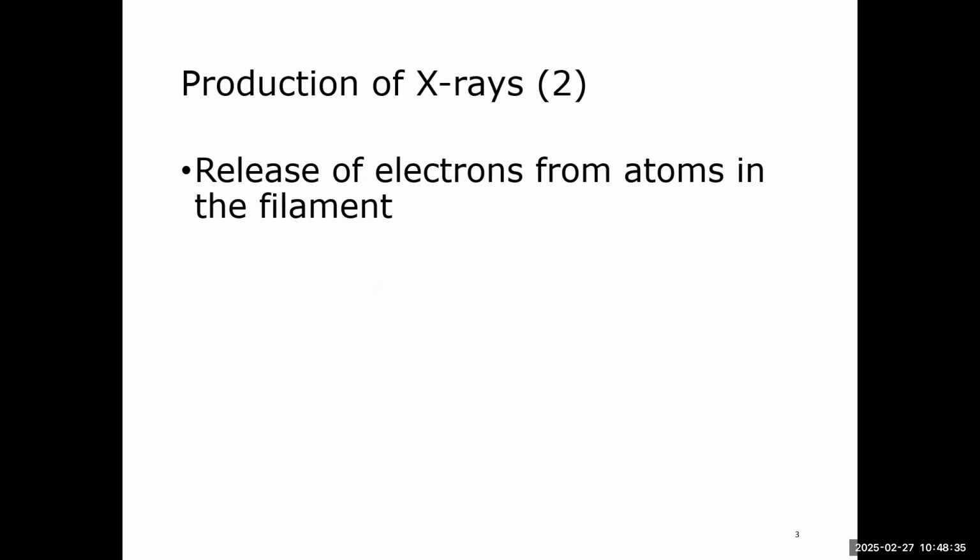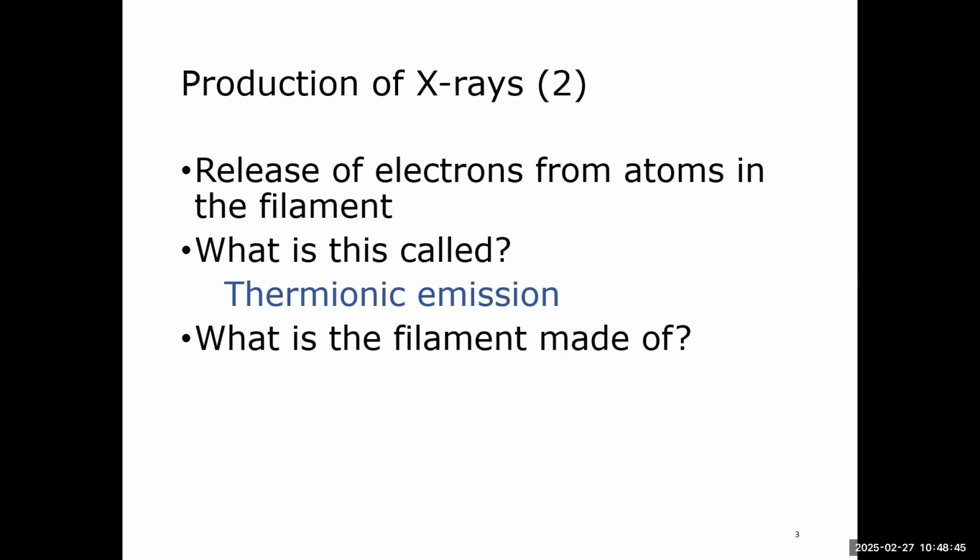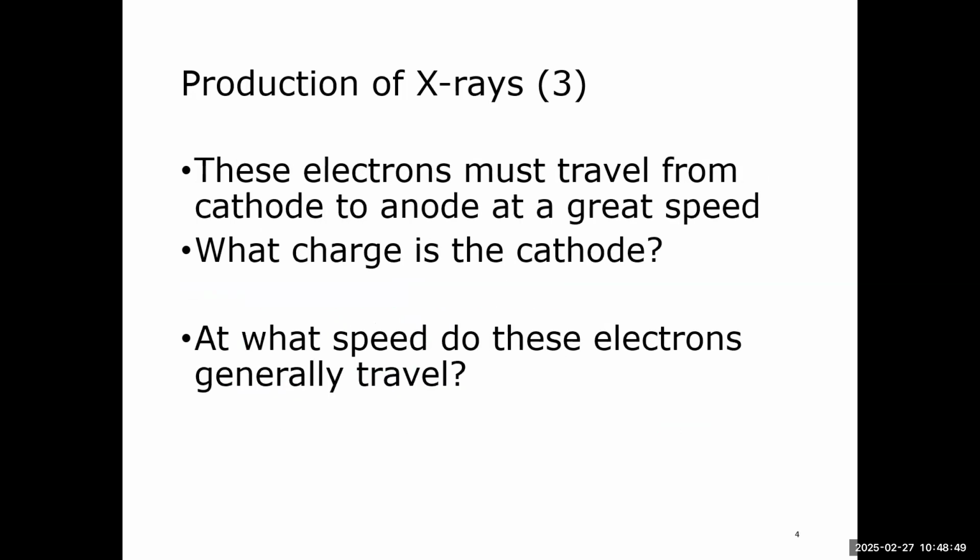So what do we call the release of electrons from atoms in the filament? Thermionic emission. Yes. These are just basic terms that you've got to know. Okay. What's the filament made of? Tungsten. So these electrons must travel from the cathode to the anode at a great speed. What charge is the cathode? Negative. And what speed do these electrons generally travel?